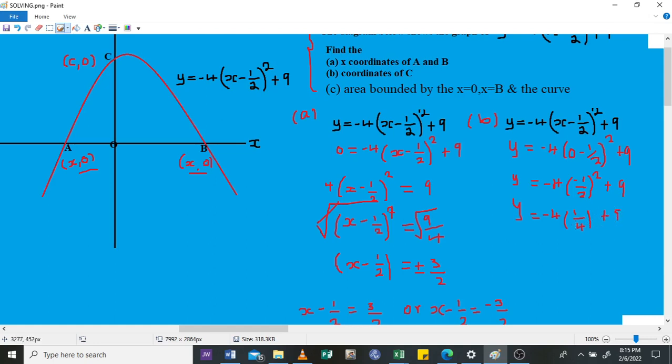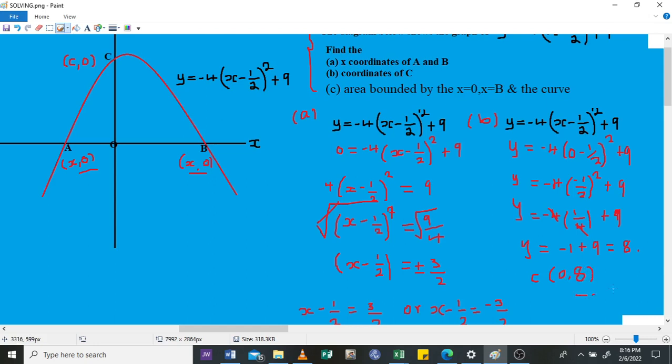That gives y is equal to negative 1 plus 9, which gives the answer 8. That is positive 8, which means at point C, the x coordinate is 0 and the y coordinate is 8.